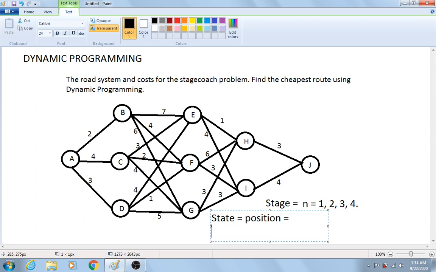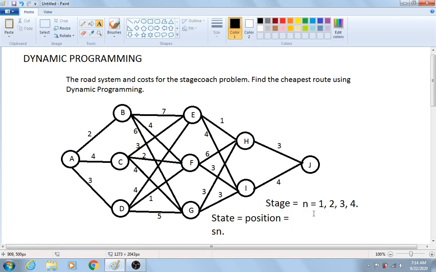The label for the state is S, and since the state changes for every stage, we put it as S sub n. So S sub n, or Sn, means our state in stage n.